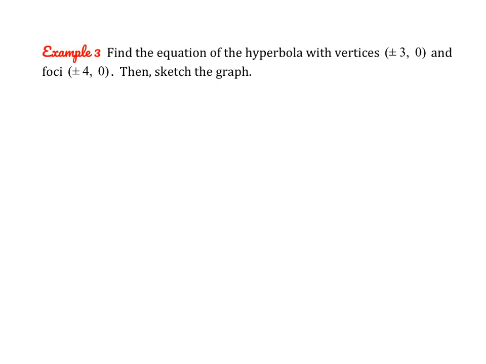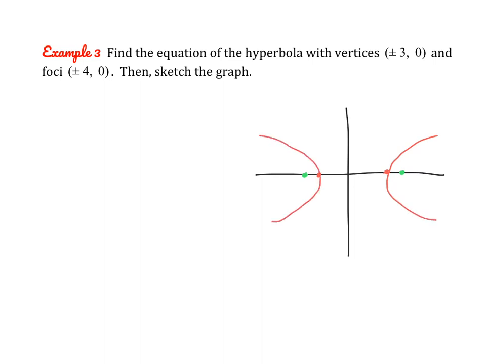So I like to sketch a graph of this anyways because it helps me visualize what's going on. So again, if my vertices are to the right 3 and to the left 3, and then my foci are also to the right and left, we know that it must be a horizontal hyperbola. It's going to look something like this. So there's a really quick sketch just to remind us.